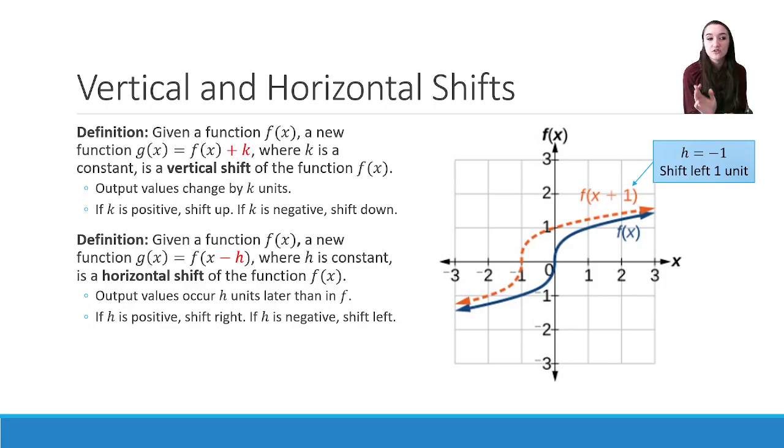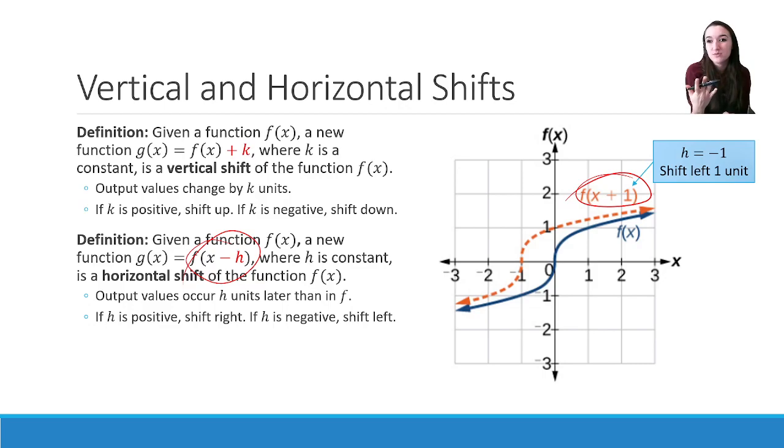And so you'll notice a theme with these vertical versus horizontal transformations, which is that horizontal ones sort of do the opposite of what you want. Essentially, the default for a horizontal shift is minus h, because if I have, for example here, f of x plus 1, I'm actually subtracting 1 from all of my x values, so everything is shifting to the left one.